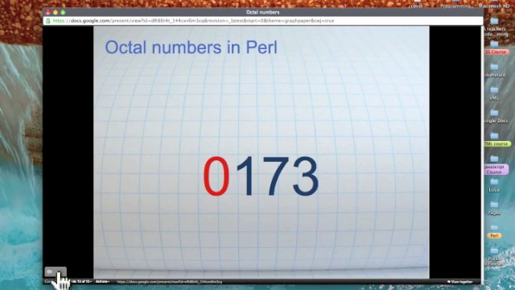Now, you have to be very careful in Perl not to use a leading 0, because just that 0 at the leftmost position of a number automatically changes it to an octal number, which is an entirely different value. Nothing to it.